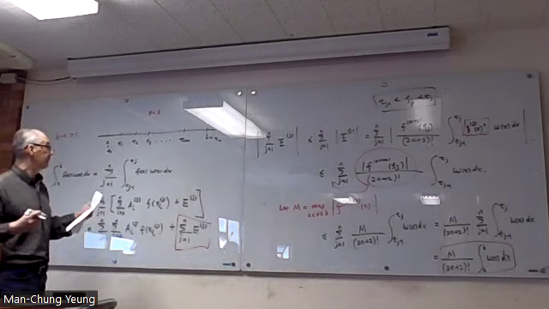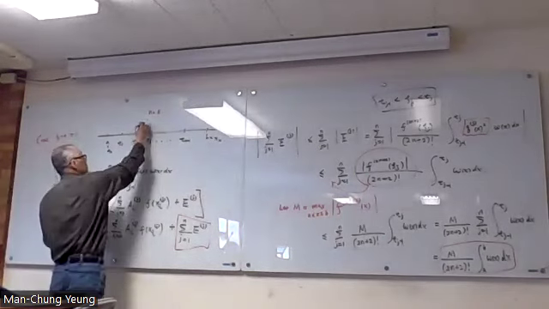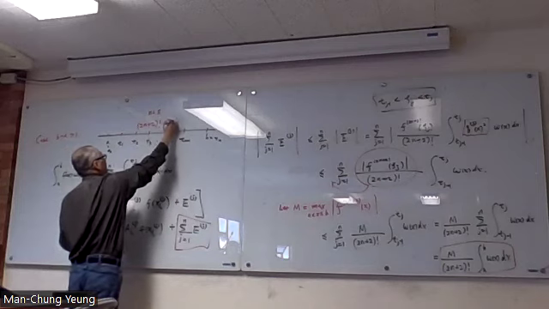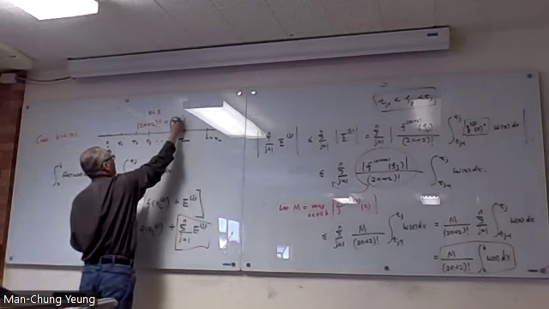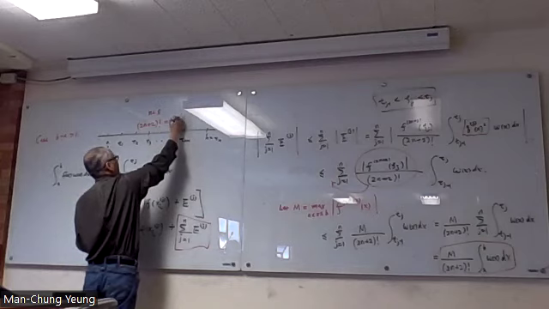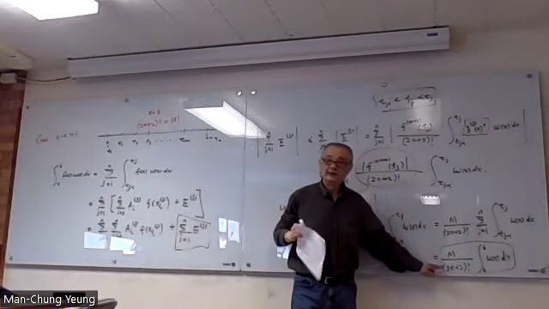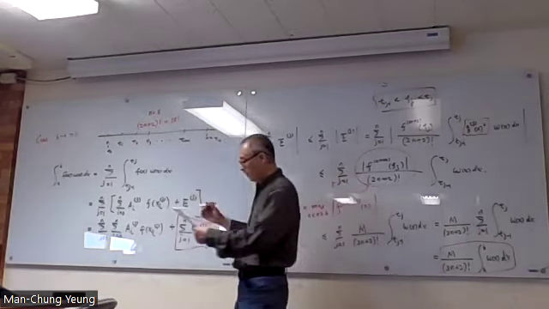When n is 8, then (2n+2) factorial is 2 times 8, 16 plus 2, 18 factorial.